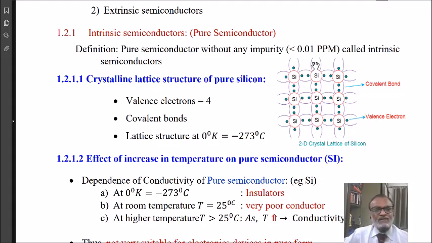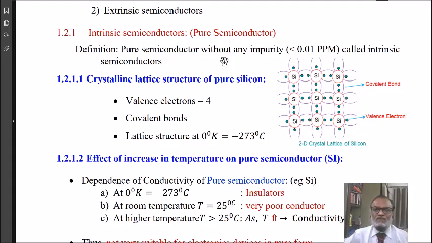Semiconductors have a crystalline structure. Typically, if we take silicon, it consists of four valence electrons in the outer shell.